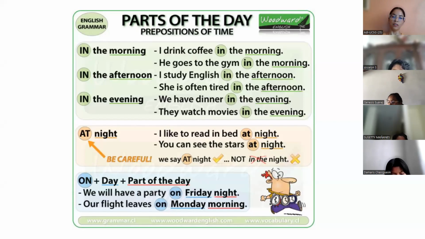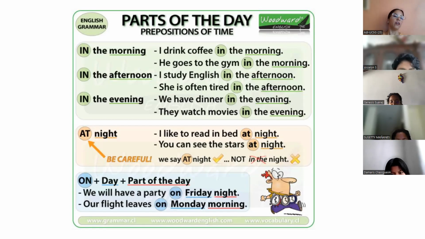But we can't use in when referring to night. We use the preposition at instead. Be careful. I like to read in bed at night. You can see the stars at night. In the night? No. At night. That's the right preposition.